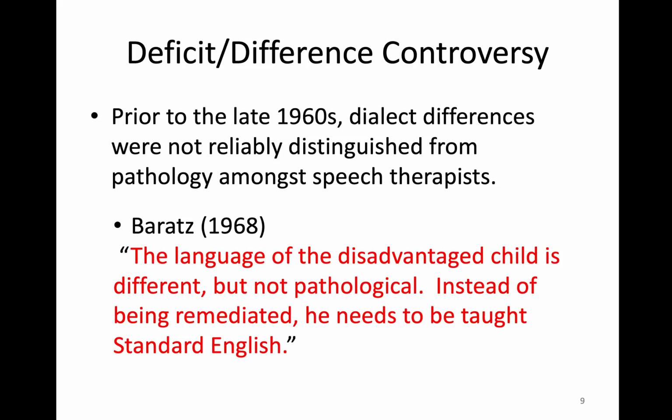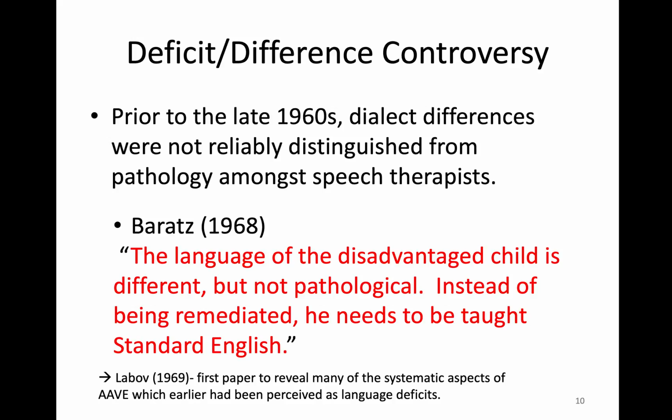And there are various issues that one might take in the way that's phrased, but the point I'm making here is that this was news to the speech and language medicine establishment, I guess, at the time, even though to us it seems like common sense.